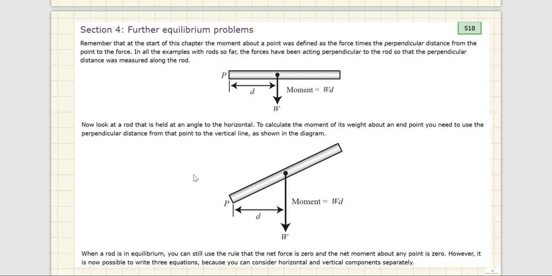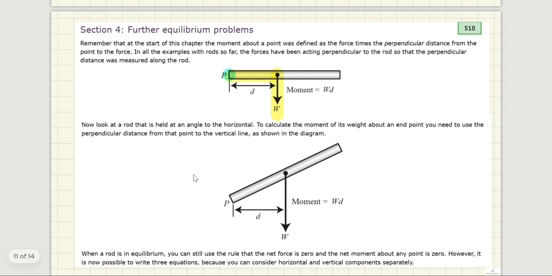a distance. Now, I did explain to you when we first did this what the important distance is. So what did I say was important about the distance? So we've got the force, and we are looking at the perpendicular distance from the pivot point.